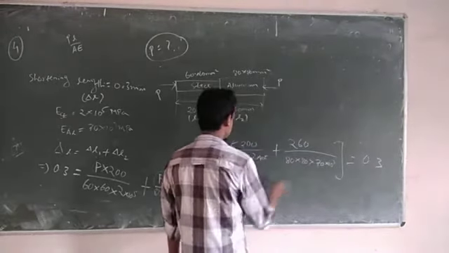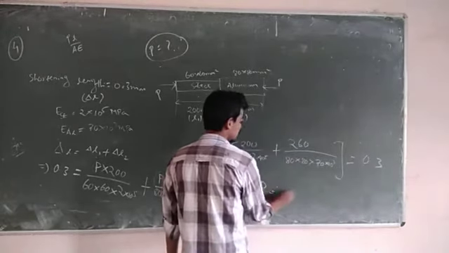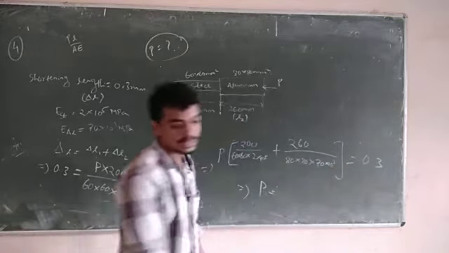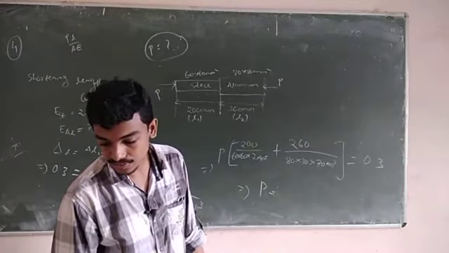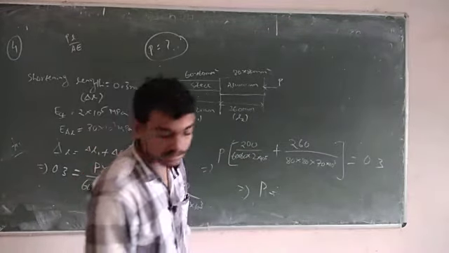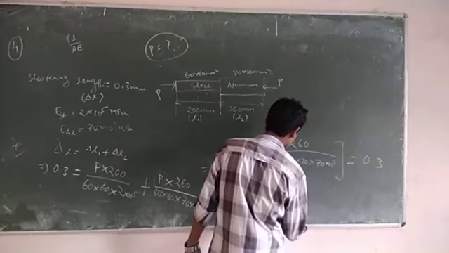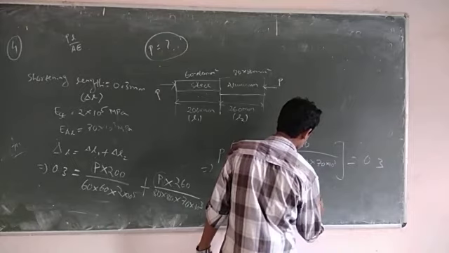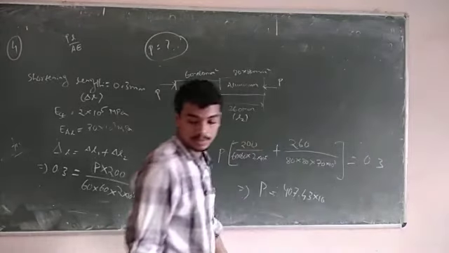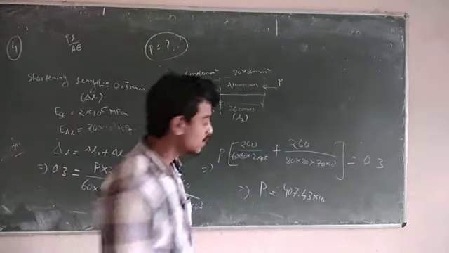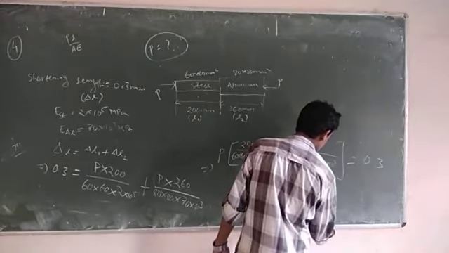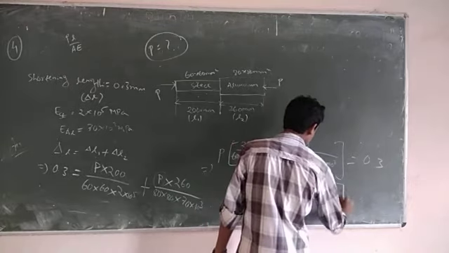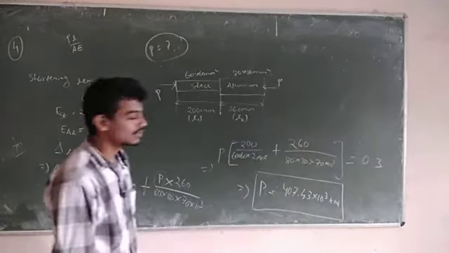Just divide both sides, meaning 0.3 by this bracket value, and we will find the compressive load, which comes to around 407.43 into 10 to the power 3 kilonewton. So this is your compressive load.